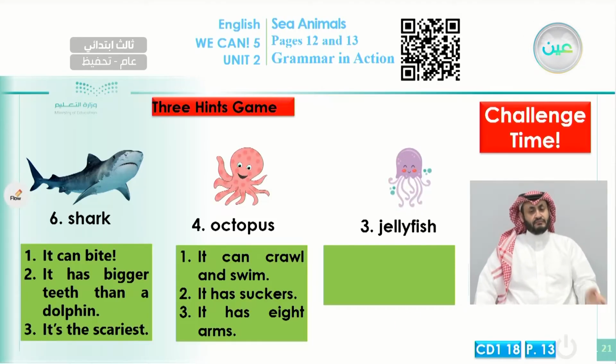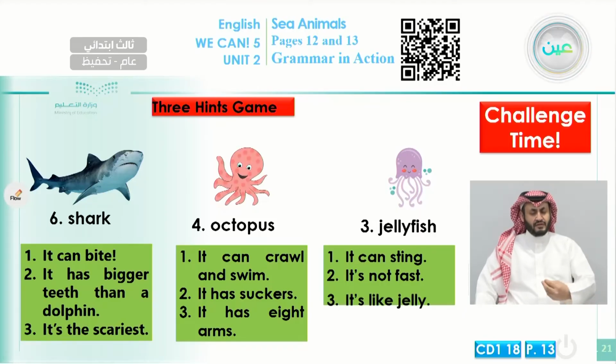The last one here, we call it jellyfish. What is the jellyfish known for? It is known that it can sting people, and also it is not fast. Also, we know that it is like jelly. It looks like jelly in its movement, especially.